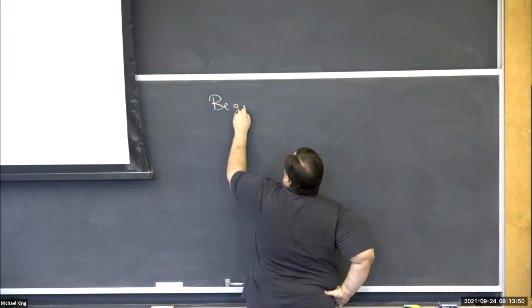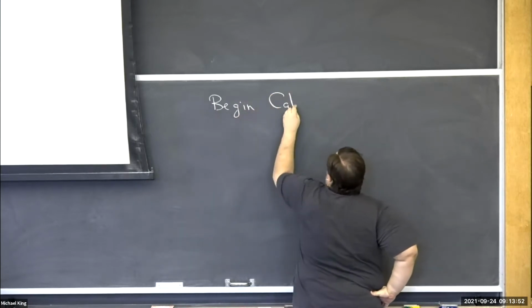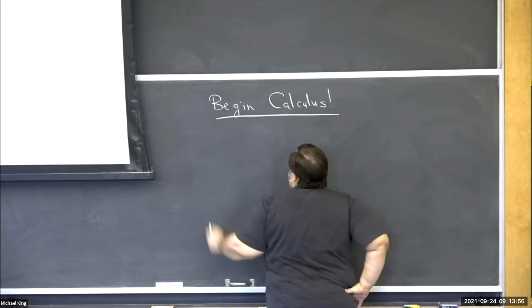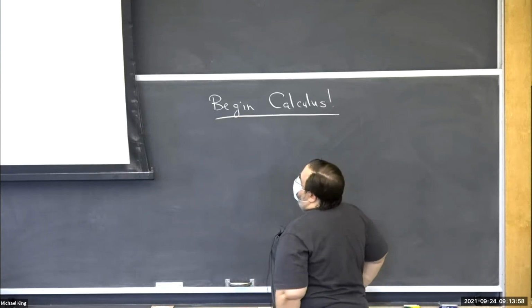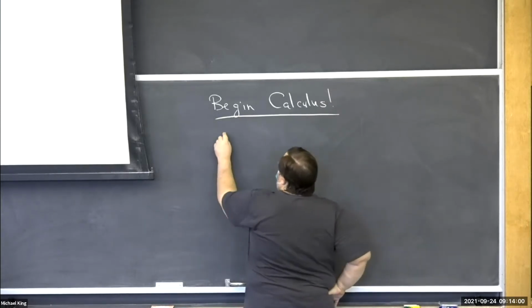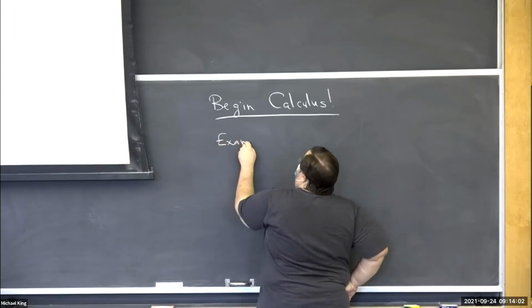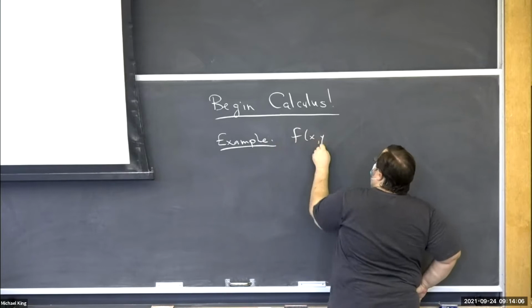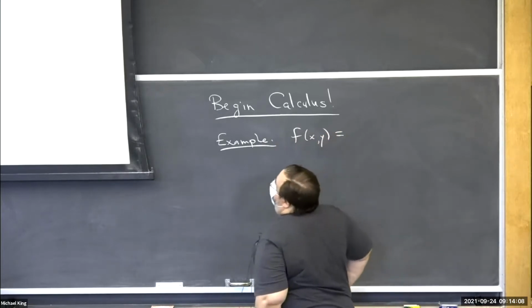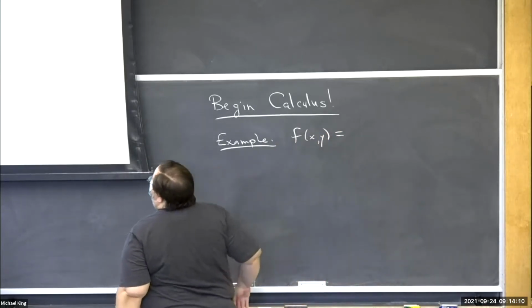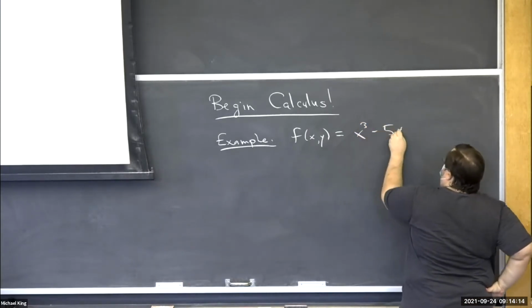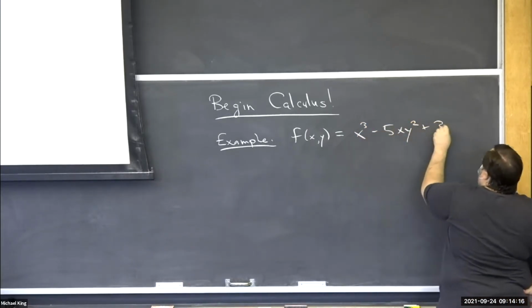We haven't done any calculus yet in this course, so let's begin calculus. Here's a function of two variables: x cubed minus 5xy squared plus 3y minus 4.